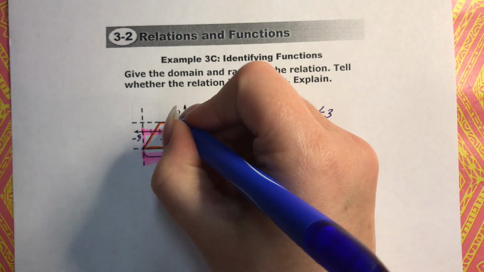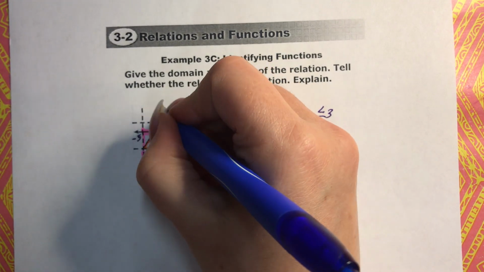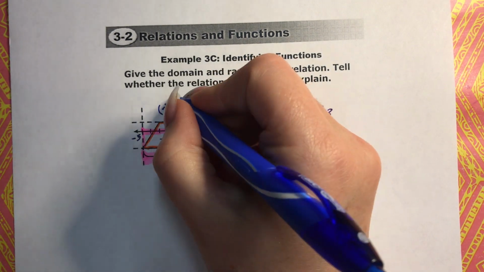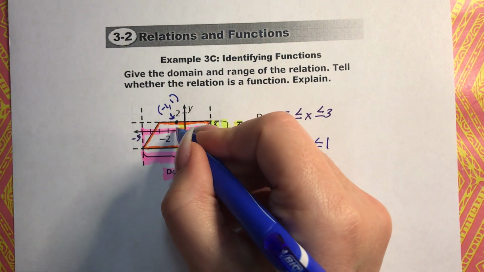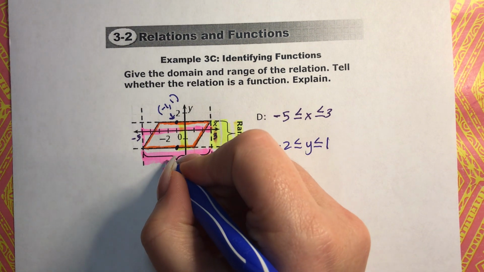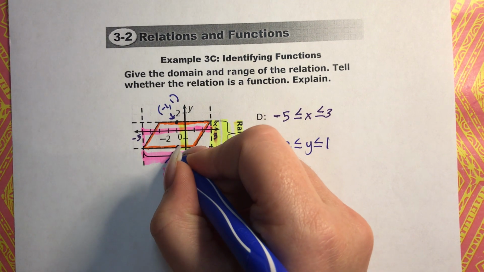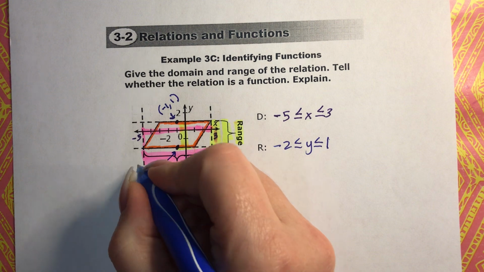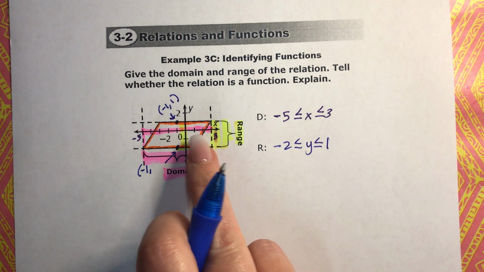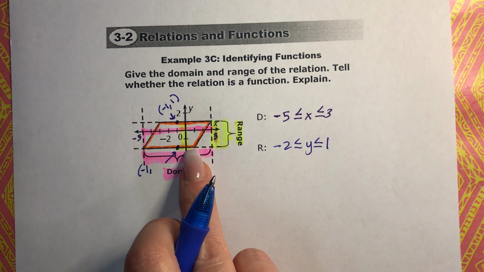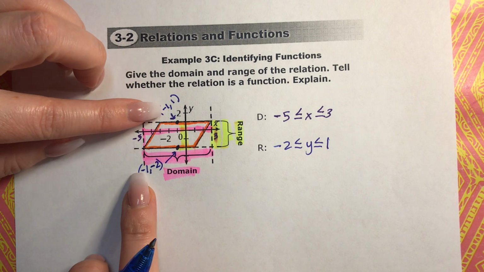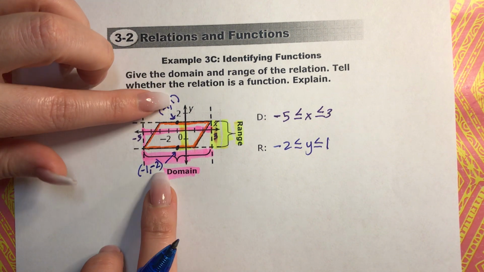I can write this point: that point is -1, +1. But it also has a point down here on this orange figure, and this point is again -1, so it shares the same domain value, and it has a different range value of -2. So that means the domain value of -1 has two different range values.